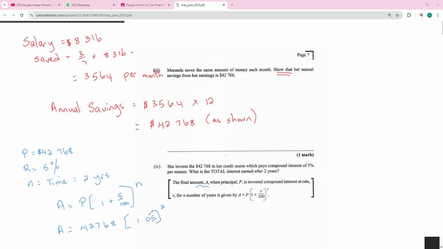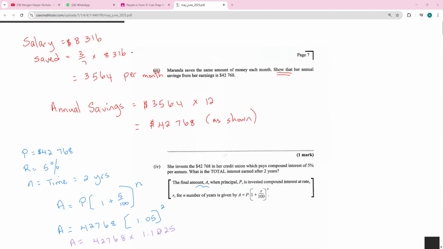So again, 1.05 first squared, you could put by 1.05 or use the square button, and I'll end up with bringing down the 42,768, so I don't forget it. And 1.05 squared will be 1.1025.